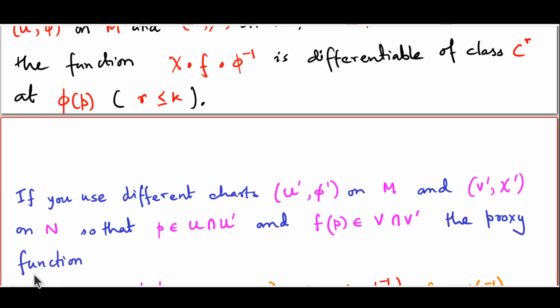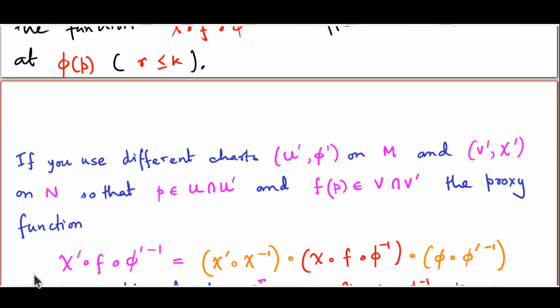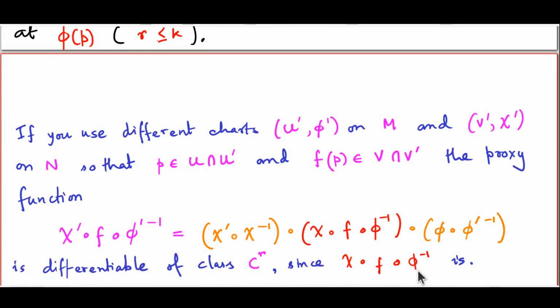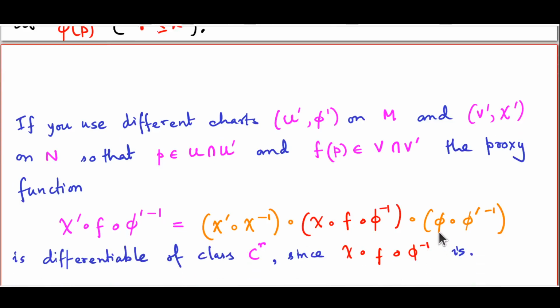And similarly, f of P has to be in V intersection V prime. Now, once these new charts are being used, the new proxy function is chi prime composite f composite phi prime inverse. But that's nothing but chi prime composite chi inverse composed with our original proxy function chi composite f composite phi inverse, composed further with phi composite phi prime inverse.